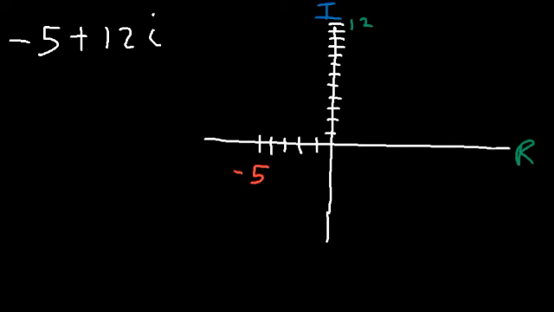So let's say it's somewhere in this vicinity. So that's the point that we need to plot. And let's make a right triangle out of it. So we went 5 units left, 12 units up. And let's calculate the hypotenuse formed by this right triangle.